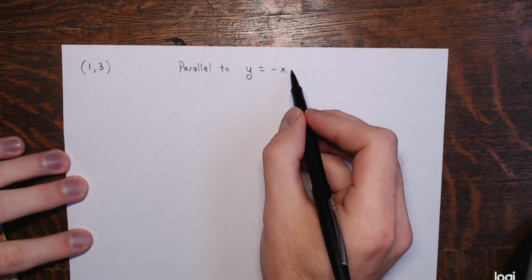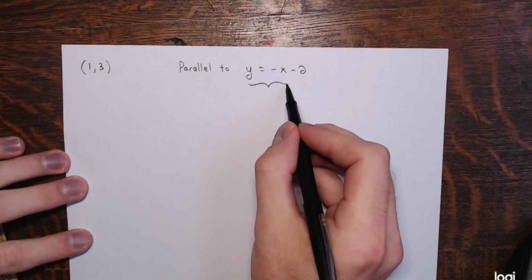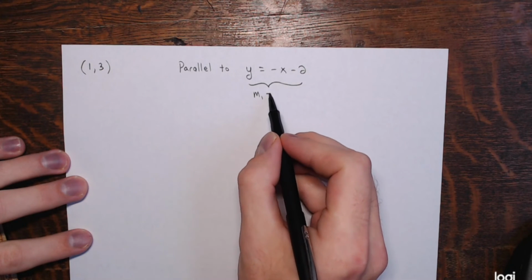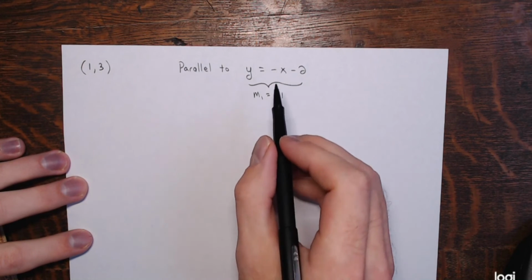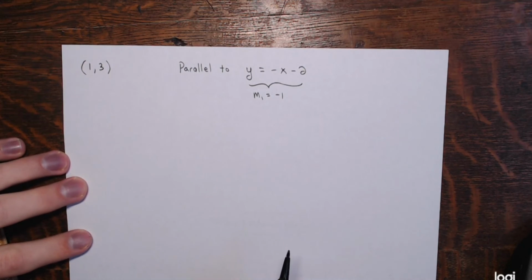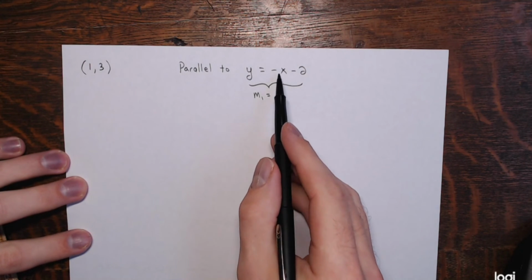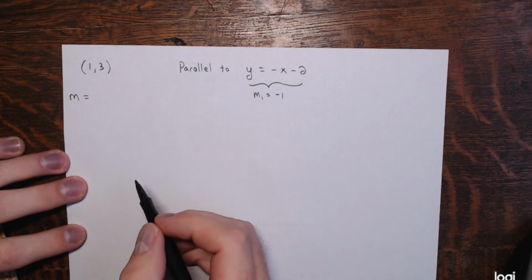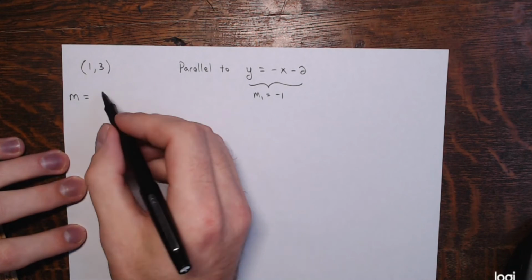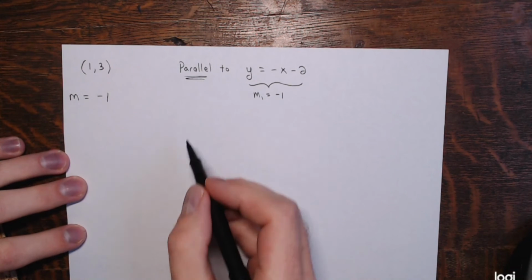Now the slope of this line, which I'll call m1, is negative 1, right? This is already in y equals mx plus b form, slope-intercept form. So the coefficient of x is the slope. That means the slope of our line, which I'll just call m, is negative 1 as well, since they are parallel, they should have the same slope.